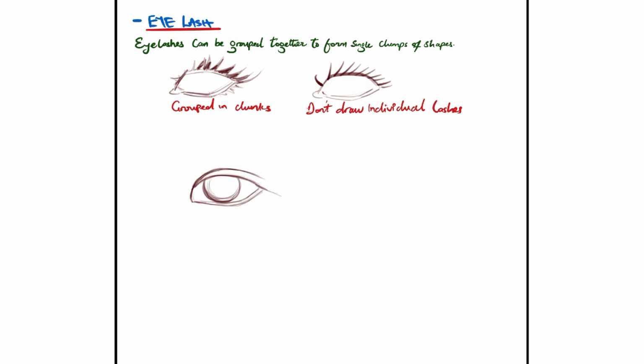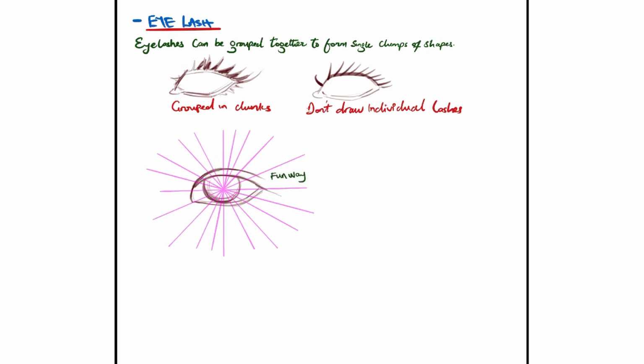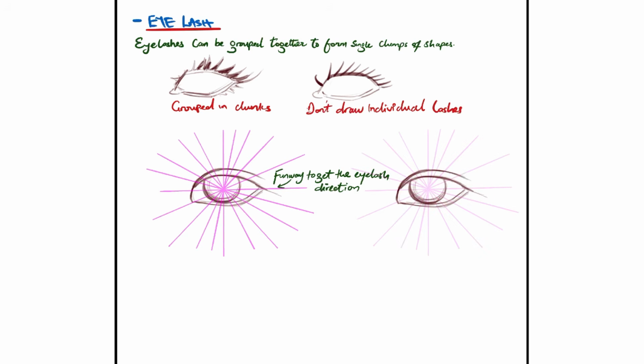This is going to help you put the eyelashes in the right angles. Try not to draw the eyelashes as individual lashes, because it makes your eye drawing look like a bug with scanty few legs, or like a paramecium.